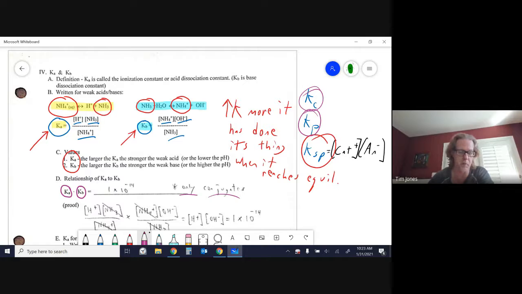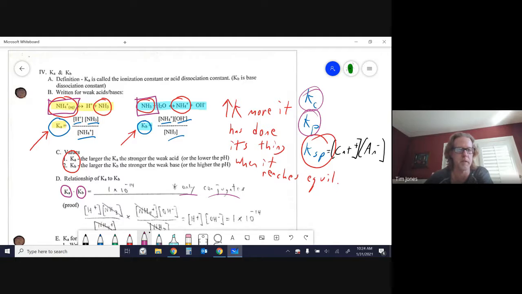So for example, we could take the system that we have up above, and we could say that the Ka of ammonium times the Kb of ammonia will equal 1 times 10 to the negative 14.